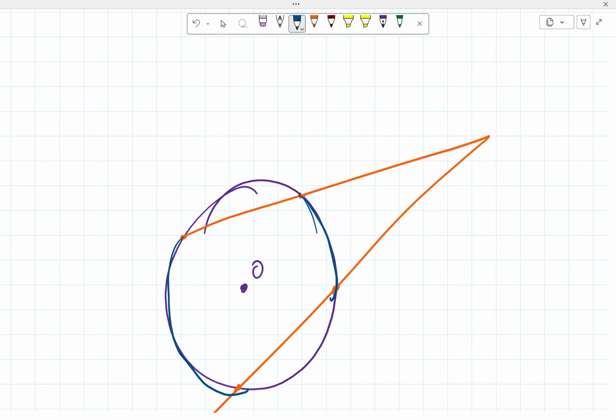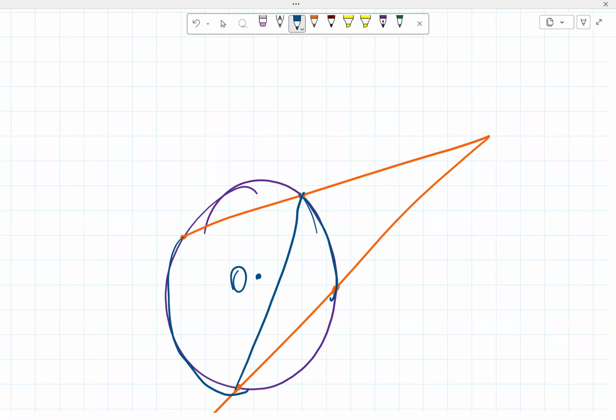Let me shift the center to somewhere like this. Let's say this is center O. One thing we can do right here is to join, okay, we don't even need the center there. So let the center be where it was. Okay, we have our center where it is. So one thing we can do is to just join this up together.